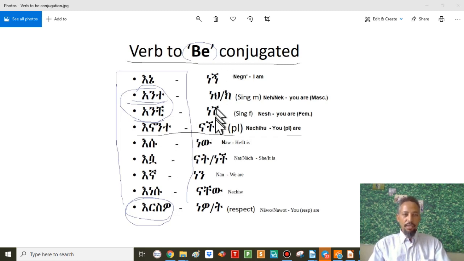And on the right side here, I'm just revising the verb to be. You say here, am, neng. Here, I have put the English translation as well. So you say, ene neng, I am. Ante nech, you are.